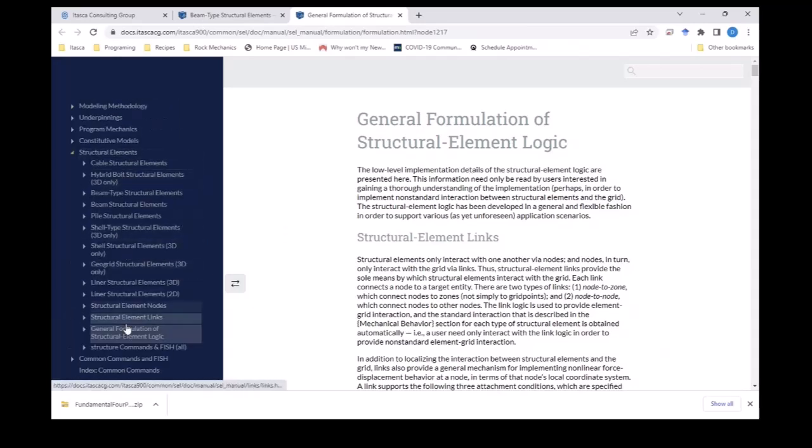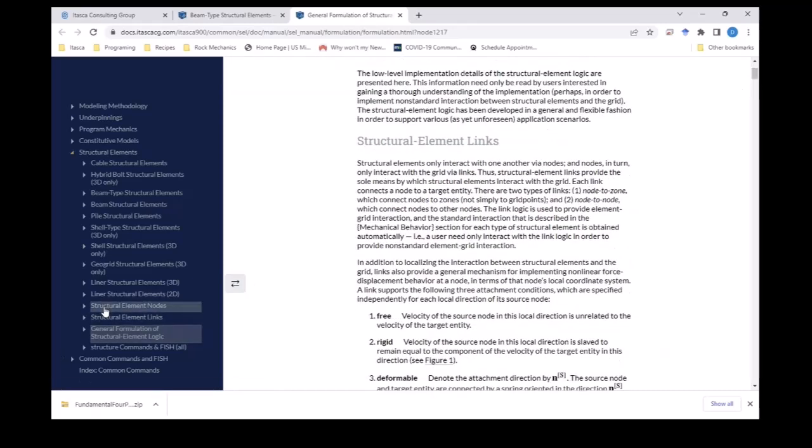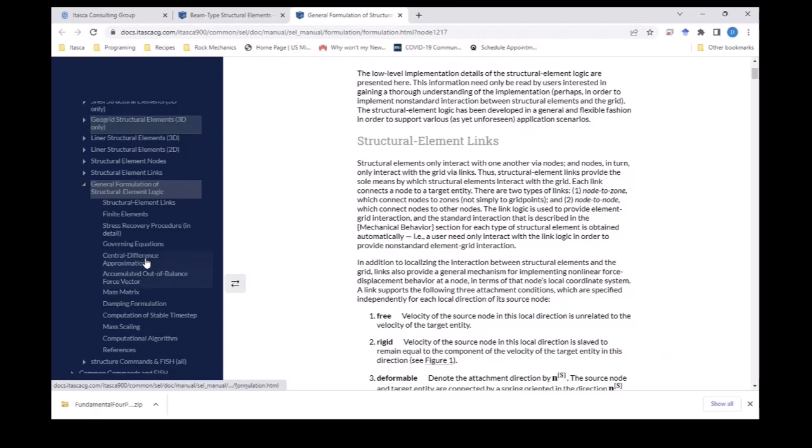And it's basically at the bottom of the world we live in here. And in it, it talks about all this good stuff. Links, finite elements, which I gave you a very brief discussion of. You can see I'm not going into stress recovery, governing equations, the mass matrix.